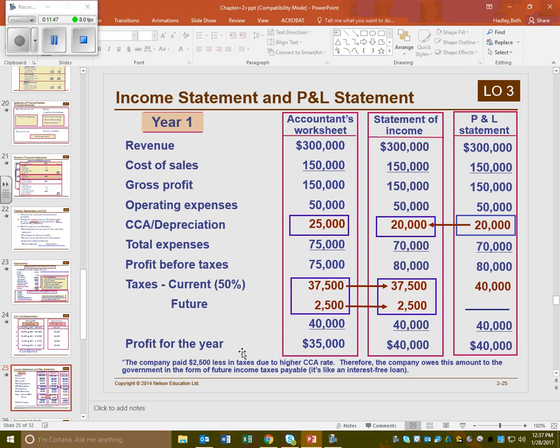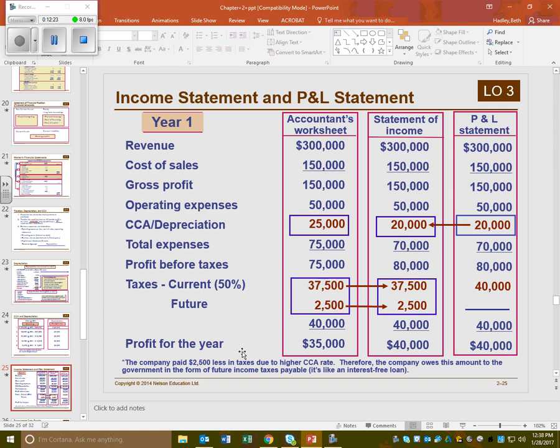So taxes, this is where we're showing what our current amount is that we're going to put through. As for our profit and loss statement, we're going to put through 40,000 for tax expense, 50% of our 80,000. But coming over to our statement of income, we're going to put through 50% of the profit before taxes, which is 75,000 on our accountant's worksheet.